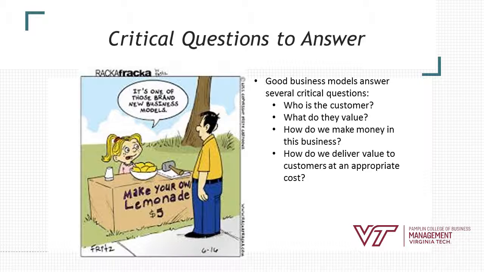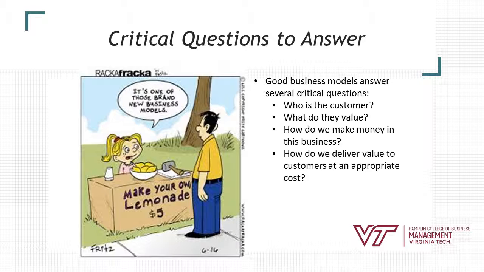If we're a for-profit organization, this is an important one: how are we going to make money, right? Profit is an important part of a for-profit organization. How do we make money in this business? What do the revenue streams look like? What does the channel strategy look like?